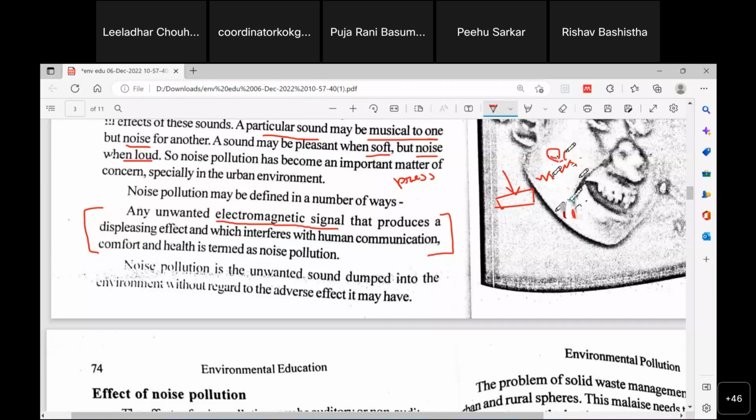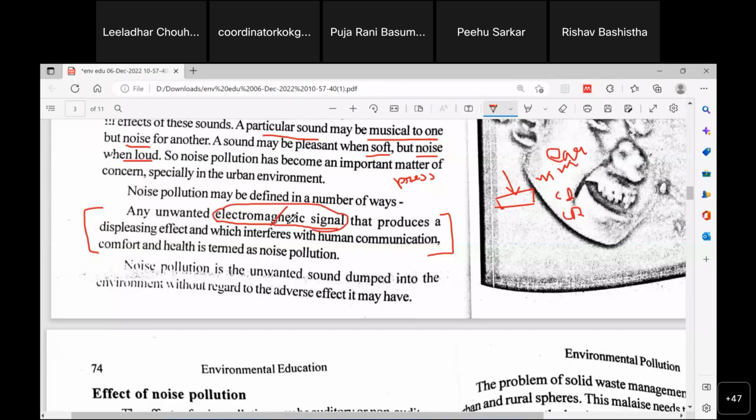Here, what I would like to change is that you don't write electromagnetic signal. Instead of electromagnetic signal, I will just erase a little and tell you how to correct it. This electromagnetic signal you will not write.